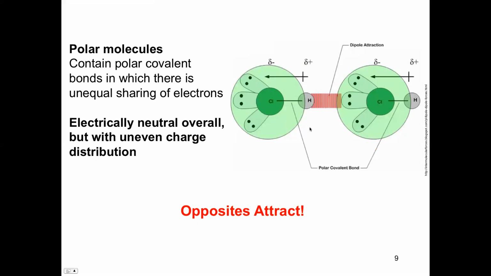This is where we have this idea of opposites attract, and it would be the same thing as if you were dealing with, say, a magnet, right? So the negative side of the magnet will be attracted to the positive side on another magnet, and so on. All right. So as I said here, electrically neutral overall, but there's an unequal charge distribution in terms of how those electrons are arranged. Okay.